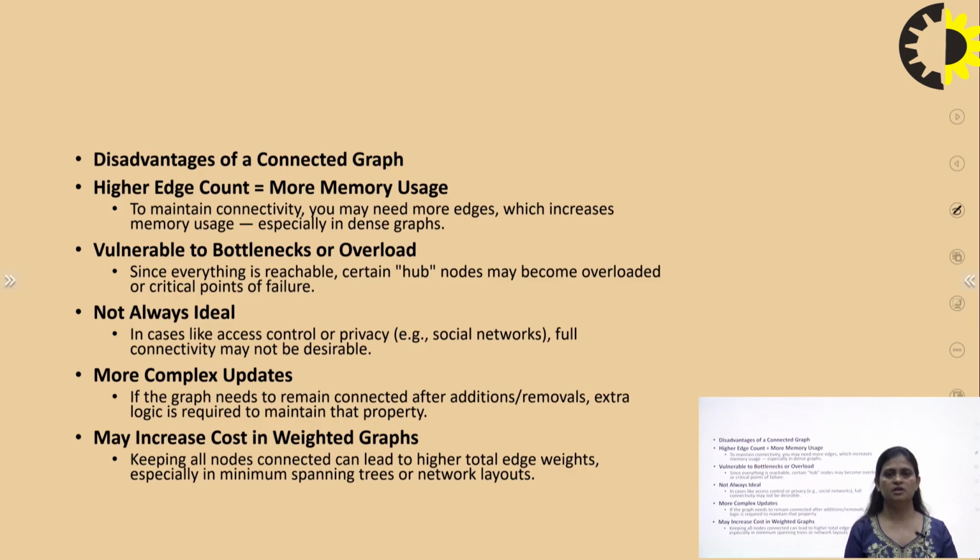In cases of access control or privacy, for example a social network, full connectivity may not be desirable. Following that, more complex updates. If the graph needs to remain connected after addition or removal, extra logic is required to maintain the property of a connected graph.